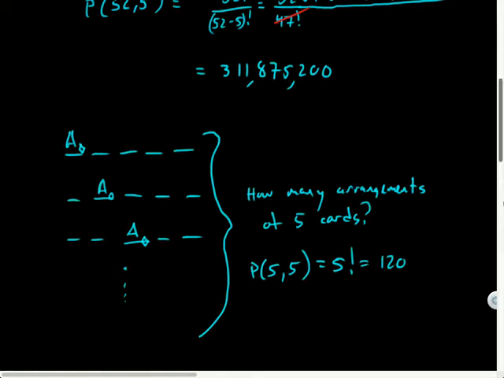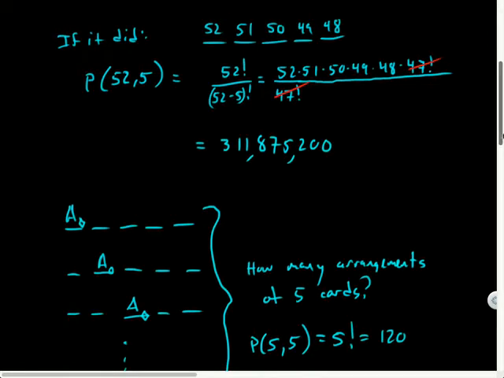So I'm going to want to divide by this number because I've overcounted significantly. So either I could have 5 factorial down in the denominator here, or divide here by 120.